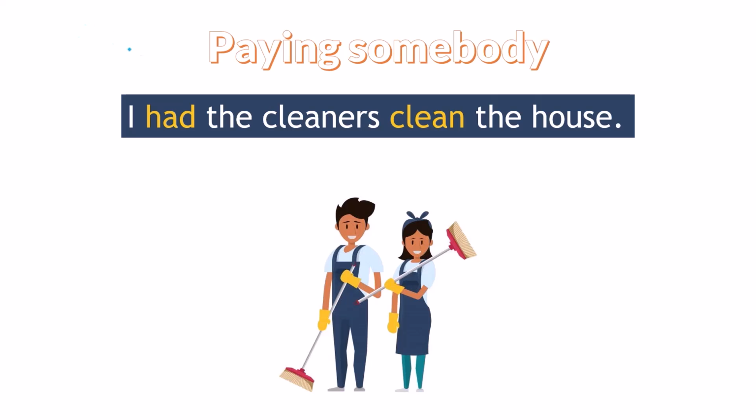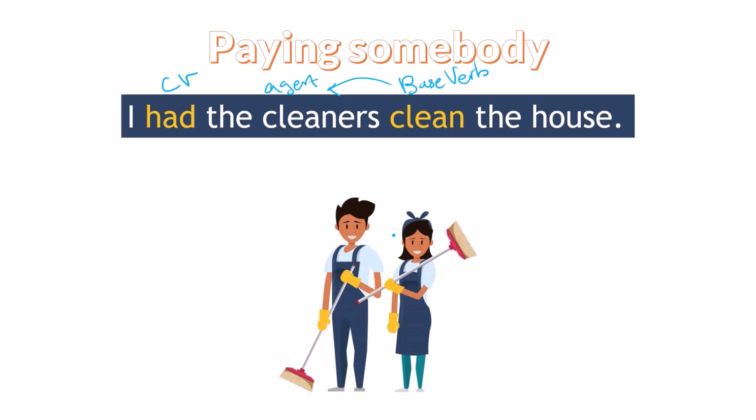We have the causative verb had, then the name of the agents, the cleaners, then the base form of the verb. Base, okay, not past participle, because here we have the name of the agent, not the object. We have the name of those people who do this job.